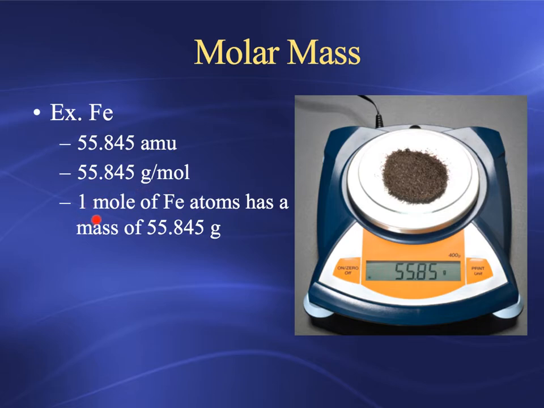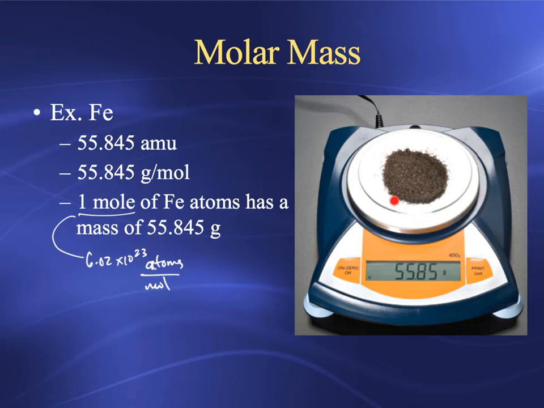So if I want exactly 1 mole of iron atoms, and remember we said this yesterday, this is 6.02 times 10 to the 23rd atoms per 1 mole. If I want roughly that many, within 3 significant figures, I need to weigh it out on a scale close enough to 55.845.